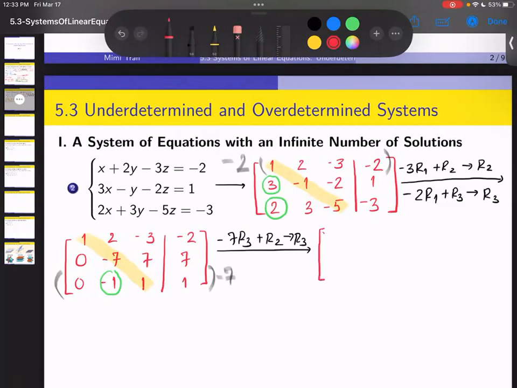I'm going to rewrite the first 2 rows so I don't forget: 1, 2, -3, -2; 0, -7, 7, 7. -7 times 0 is 0, plus 0 is still 0. -7 times -1 is +7, plus -7 is 0. -7 times 1 is -7, plus 7 is 0. 0 everywhere, right?